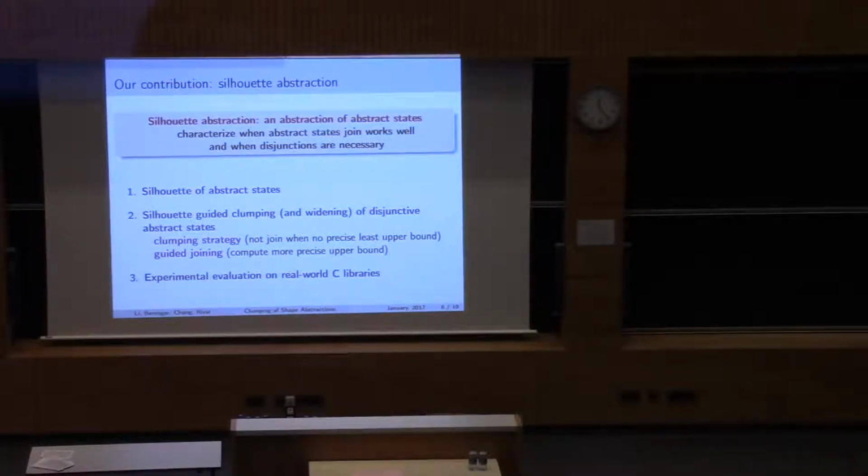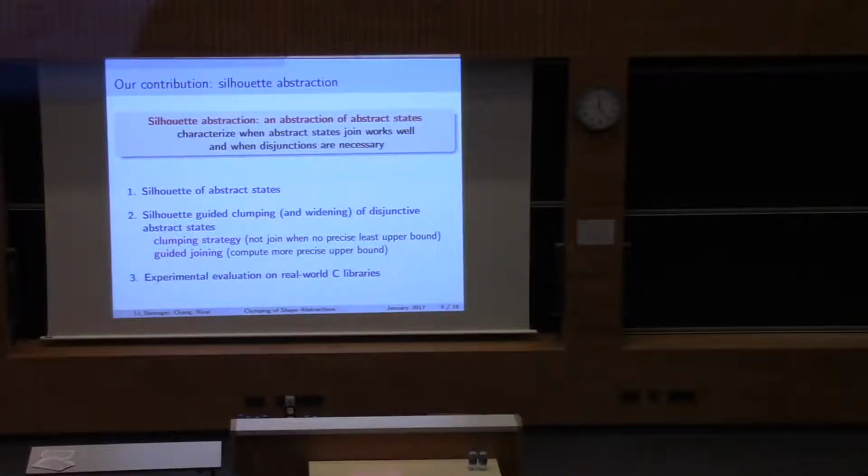In this talk, we propose silhouette abstraction. Silhouette abstraction is an abstraction of abstract states that characterizes when abstract state join works well and when disjunctions are necessary.